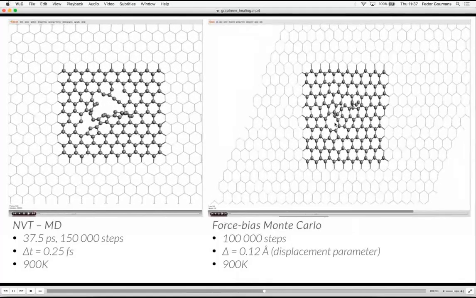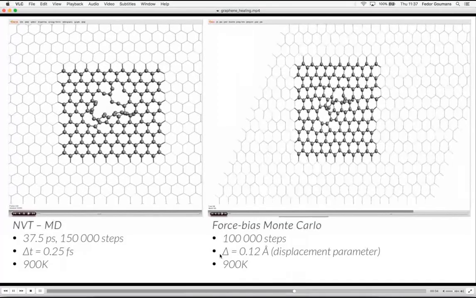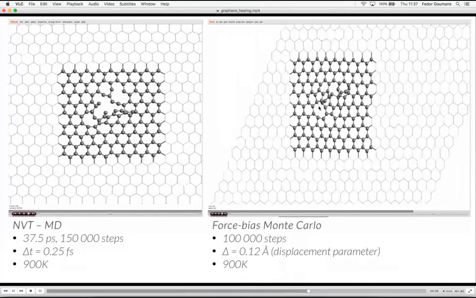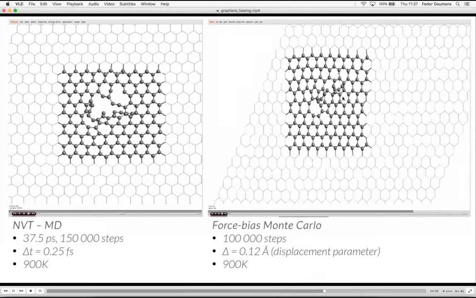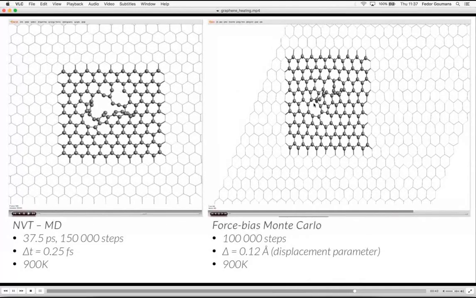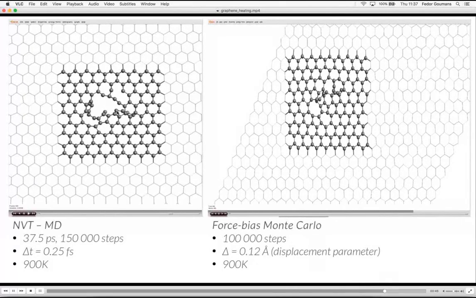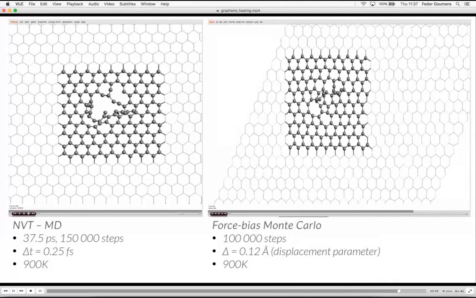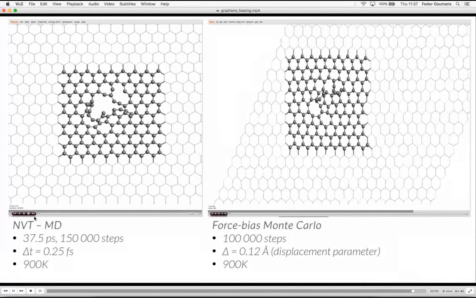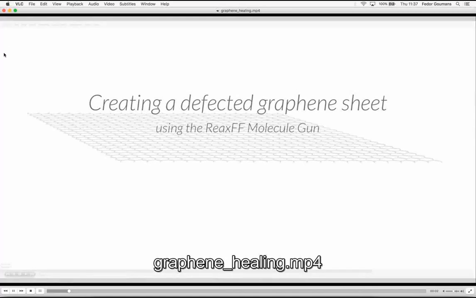Still a relatively high temperature, but we combine it with force bias Monte Carlo, and you can already start reforming some of the central rings here. With just the normal MD, the barriers are still too high to actually see things happening within a couple of picoseconds.